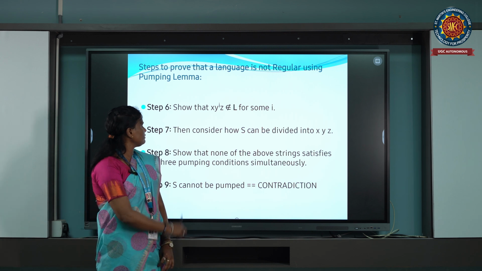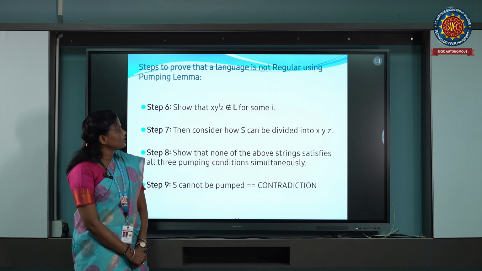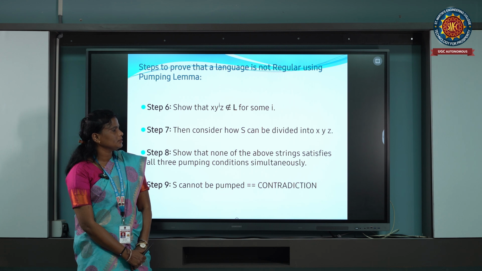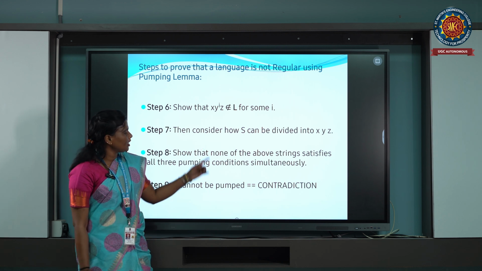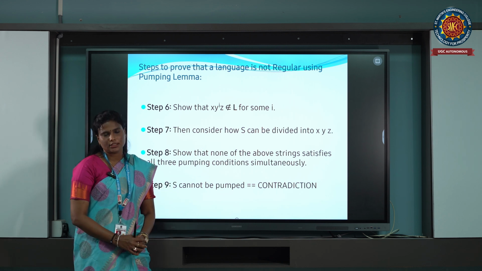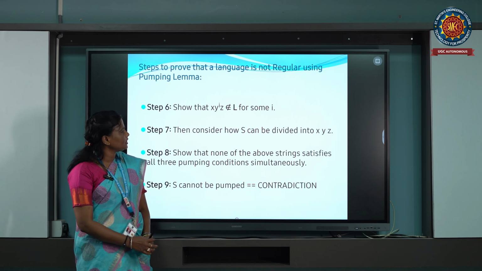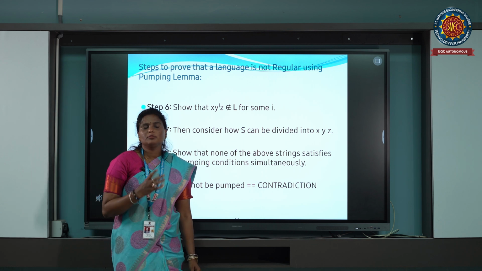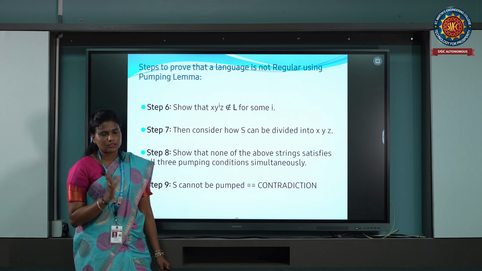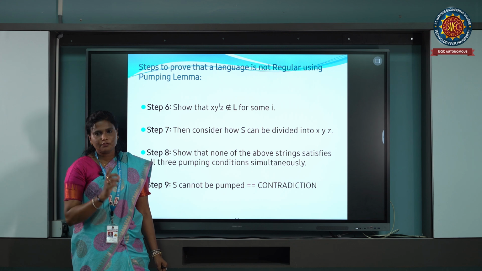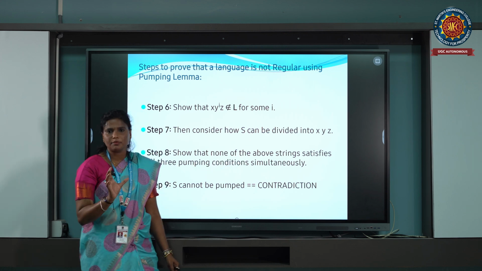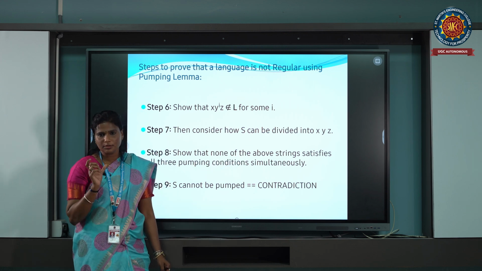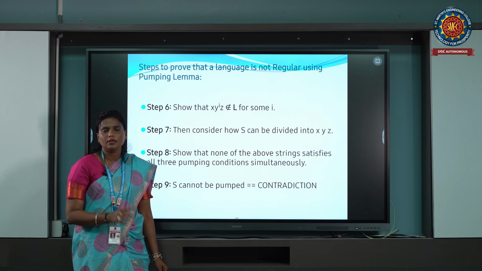Then in the 7th step, the considered S can be divided into X, Y, Z. Here we have to consider three cases. We take whatever string is given and divide it into three parts. In the first case, Y comes from only one symbol, that is A, a number of A's.